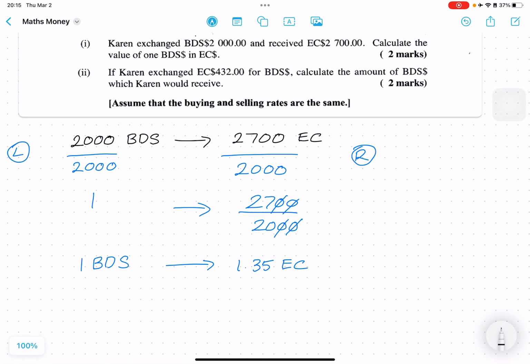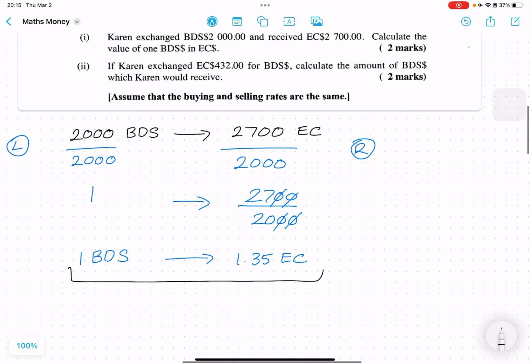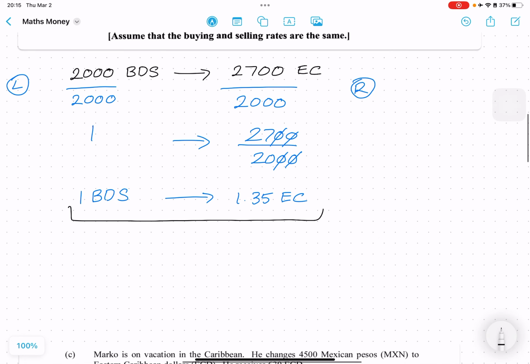All right, so we already know this value here from before, right? So 1 Barbados dollar is $1.35 Eastern Caribbean, but now it's kind of the reverse. So I'm going to write it the other way, which is $1.35 Eastern Caribbean is 1 Barbados dollar.